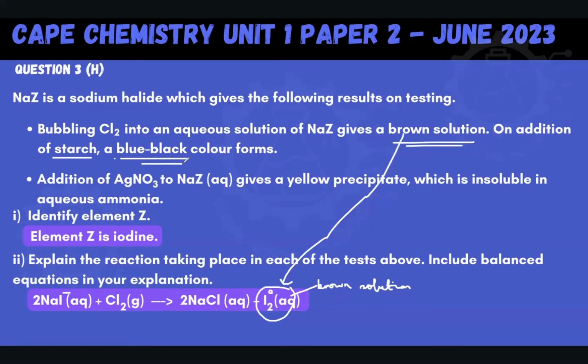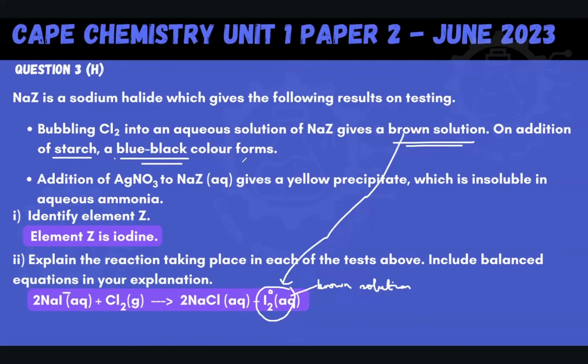We know from our redox knowledge that that's how that reaction goes. Whenever we have iodine reacting with starch, we get that blue-black color. I didn't include that particular reaction here, but we know from our redox knowledge that it would happen.